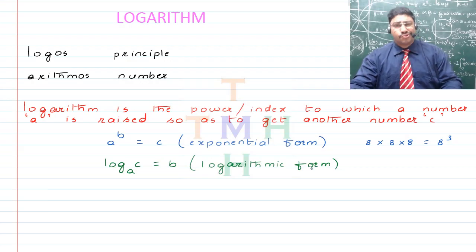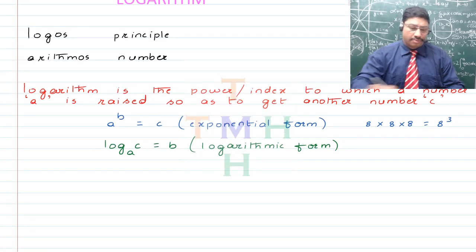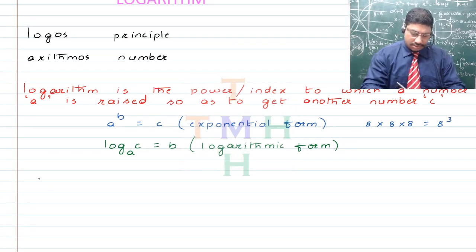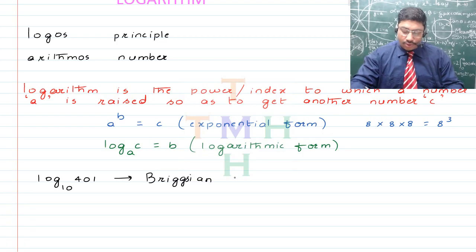Now children, there are a few rules that we have in logarithm. Like if you talk about logarithm which has its base to be 10, like if you talk about some log of 401 which is to the base 10, then this actually is known as the Briggsian, or it is also known as the common logarithm.